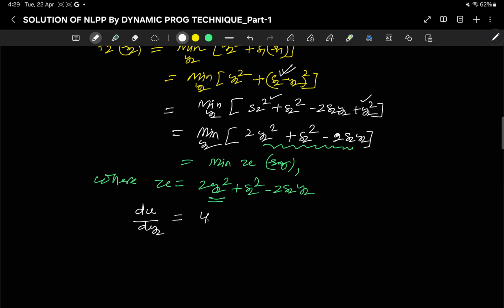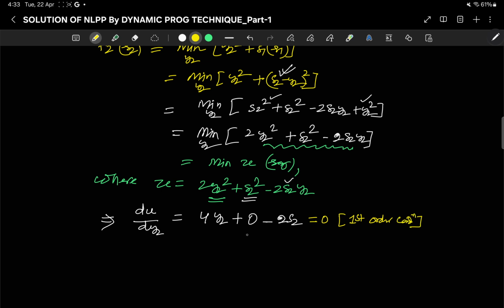This is equal to 4 y2 plus 0 minus 2 s2, since s2 is a constant. I can write this equal to 0 because of the first order condition, the first derivative is 0.